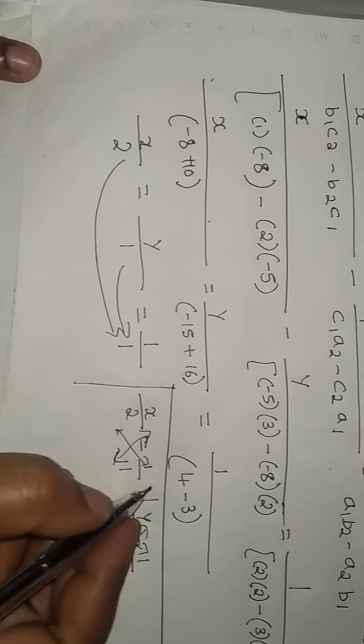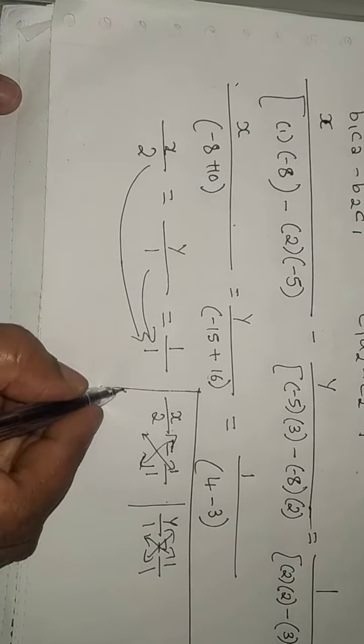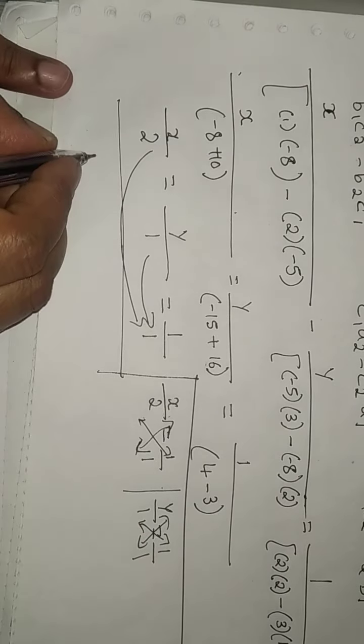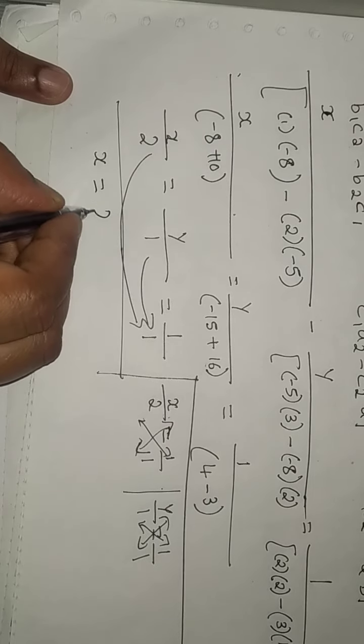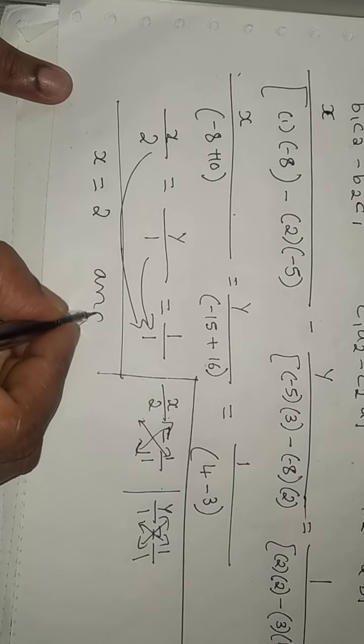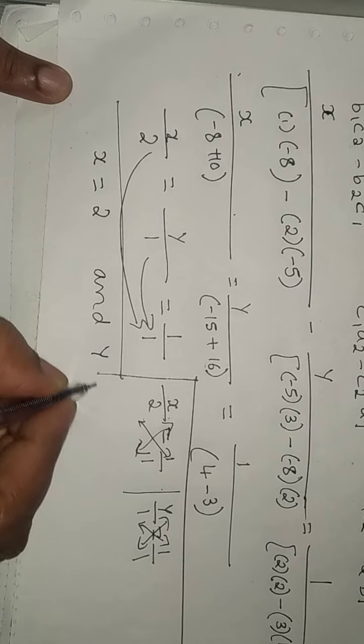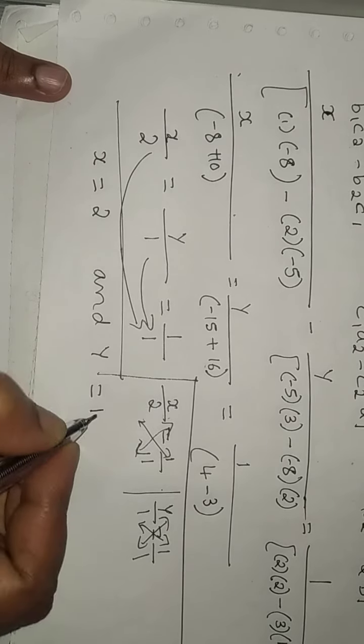So now what happens, x into 1 is x, then 1 into 2 is equal to 2, and y into 1 is y, 1 into 1 is 1.